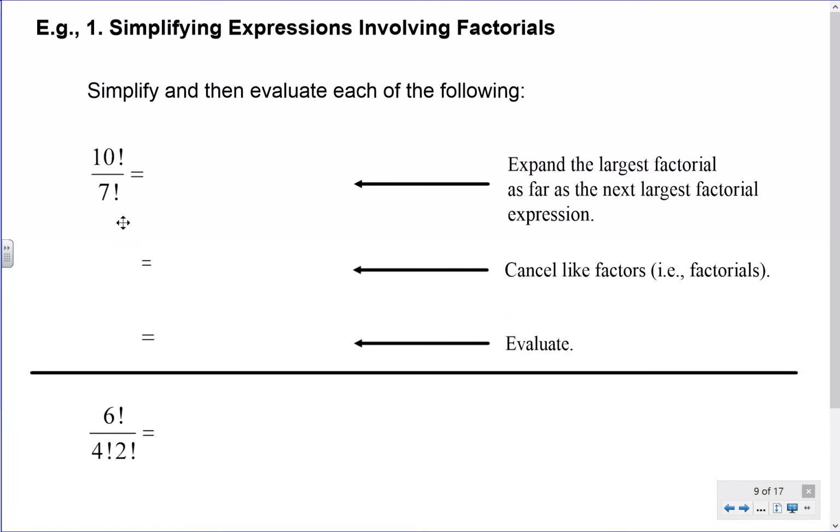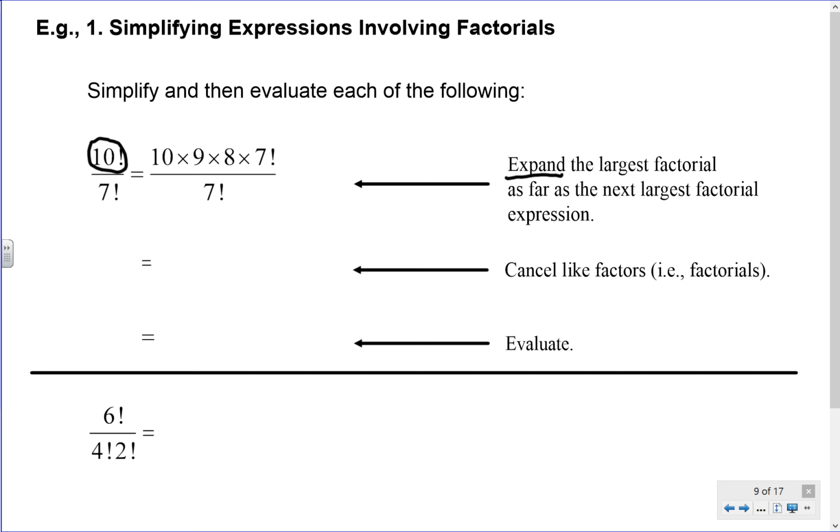So I'm going to reveal the first step to this, and then we'll reference that against the explanation. What you can see here is that I have expanded the largest factorial we have, which is the 10 factorial. And a factorial is the product of the first so many, usually we say n natural numbers.